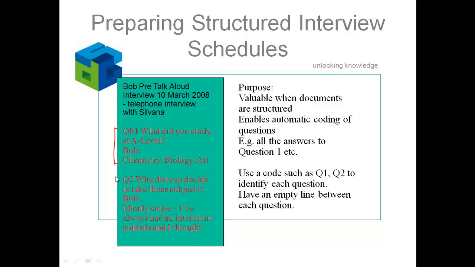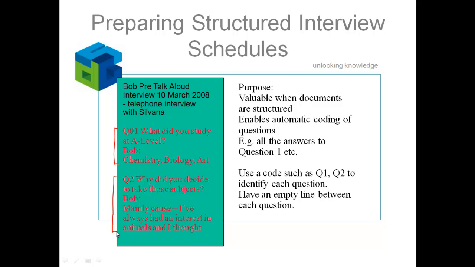And the same thing when you want to code all the answers to question 2: in the auto coding feature in ATLAS.ti, you would just search for Q2, and if you set it so it will code until it reaches a multiple paragraph mark, which is a blank line, then it will code all that section as an answer to question 2.